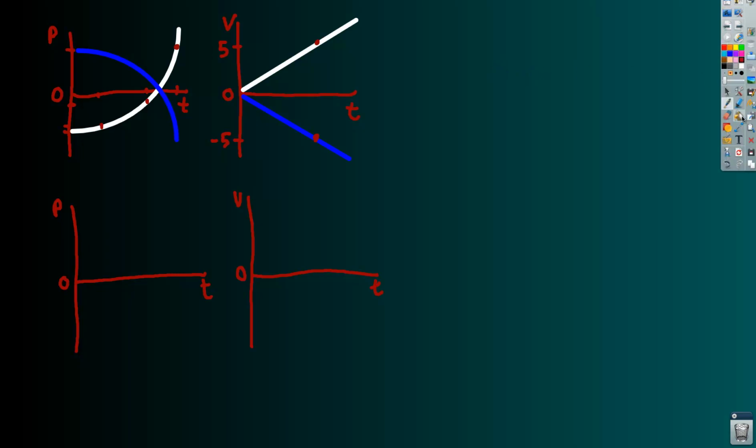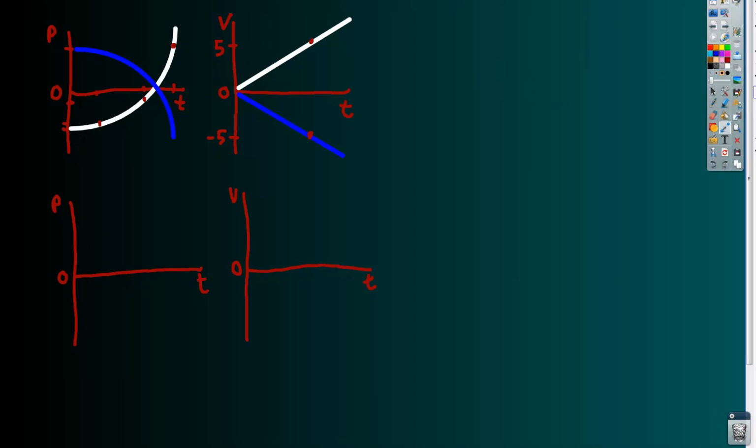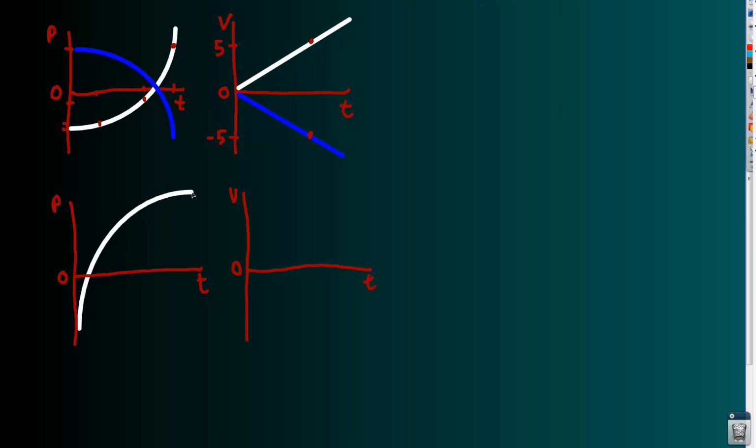And 2 more graphs. Let's say we start over here in negative land, and we know beyond any doubt that we want to get to positive land. So we start off at a dead sprint. We're like, I'm coming, positive land. Wait for me.